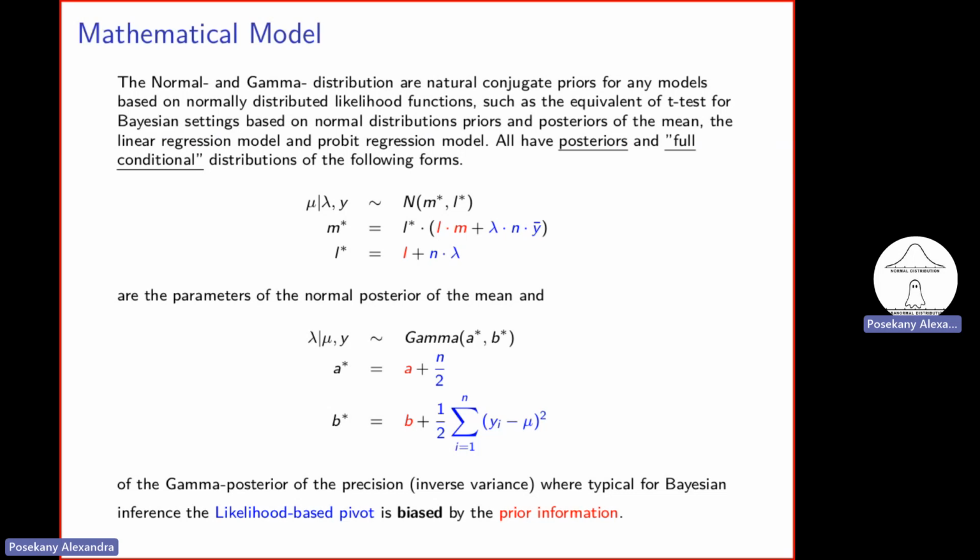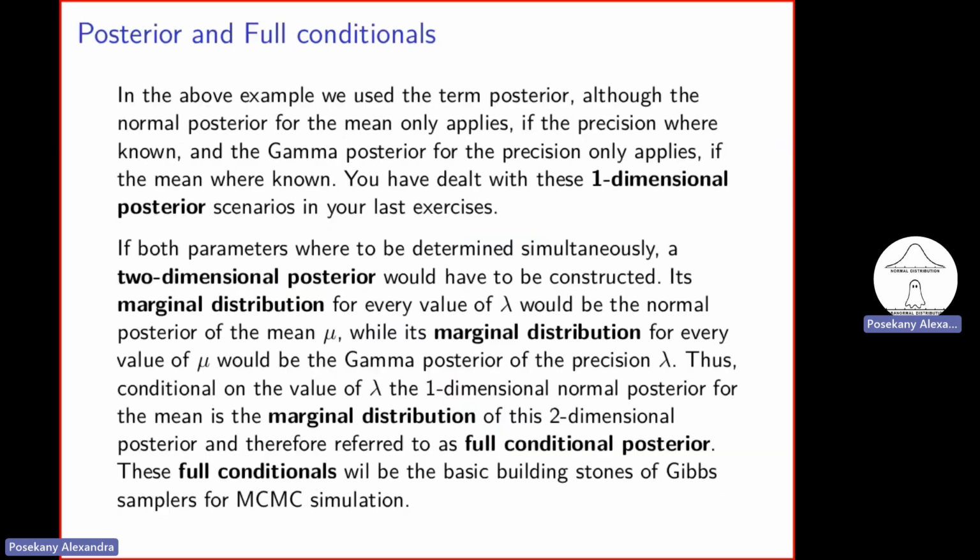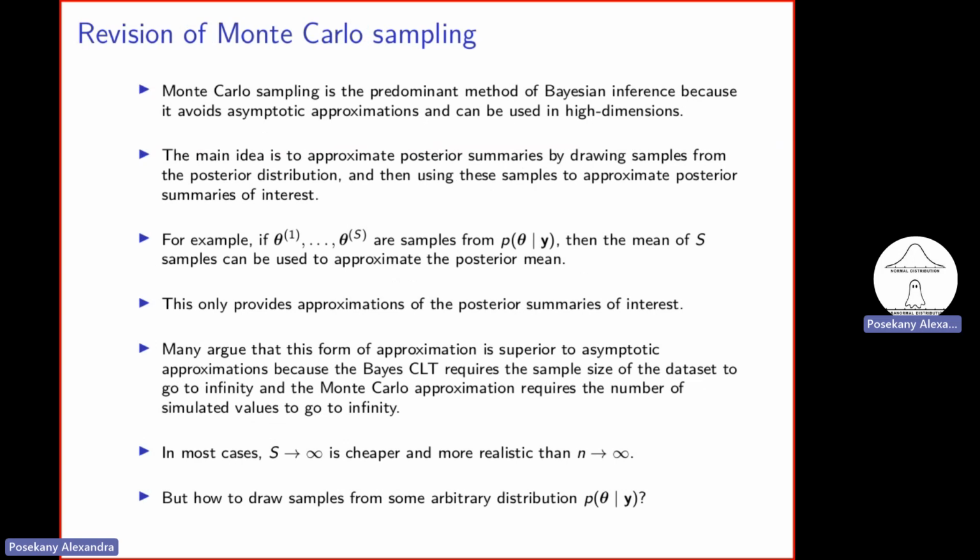So how to use this idea of only looking at the full conditional distributions for algorithms will be our next question. So MCMC sampling, Gibbs sampling, is all about full conditionals and only looking at these marginals instead of the high-dimensional problem.